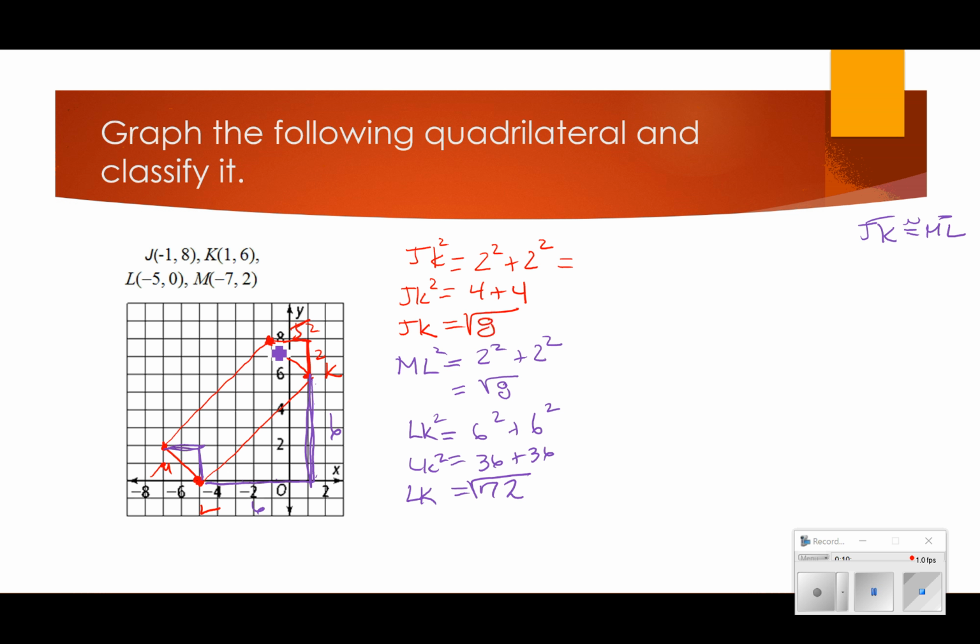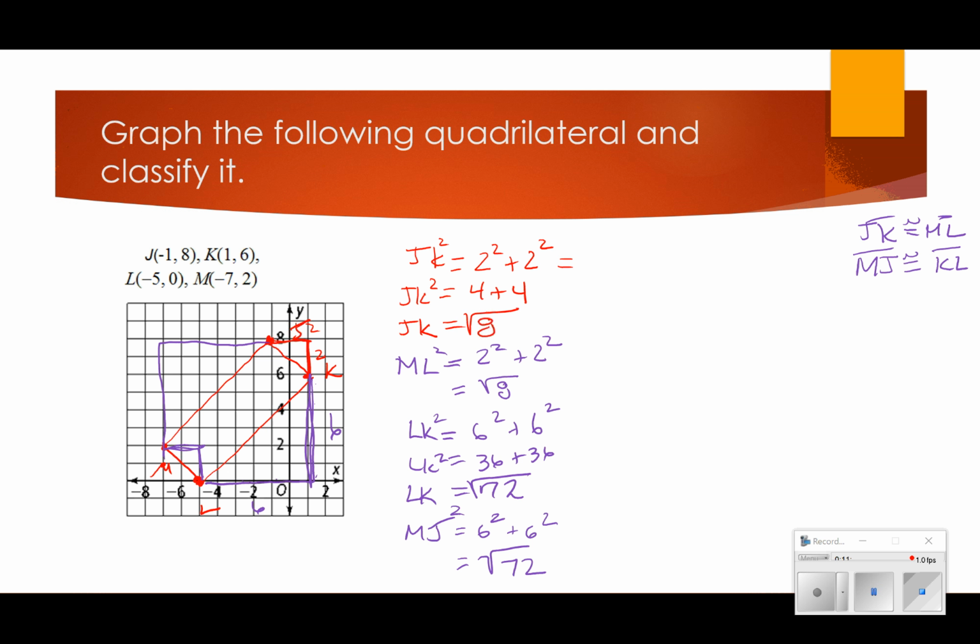Its side opposite is here, MJ. And 1, 2, 3, 4, 5, 6. So 6 squared, and then 1, 2, 3, 4, 5, 6, 6 squared again. So we know that that starts out exactly the same. So right now I have MJ congruent to LK. Okay, so I've got opposite sides are congruent.